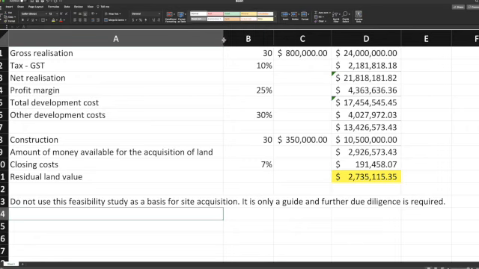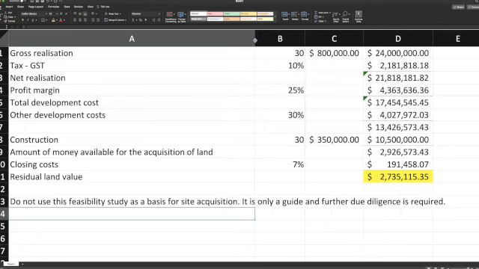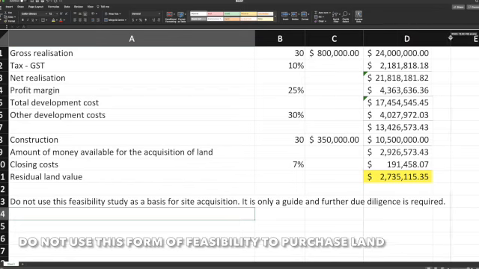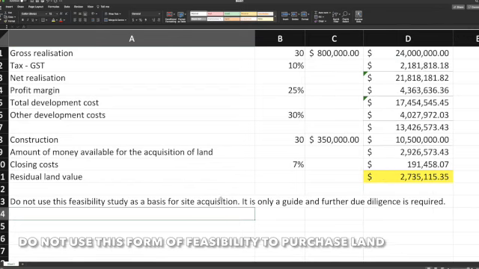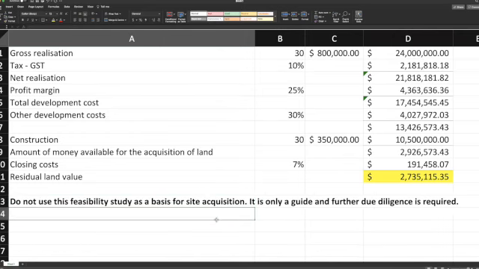That becomes critical. You must not spend your time or money or offer to purchase anything on a property based on this type of feasibility. That is critical. If you do that, you are going to lose money, because this is only an estimate. This is a guide. It is not designed to be your final feasibility.